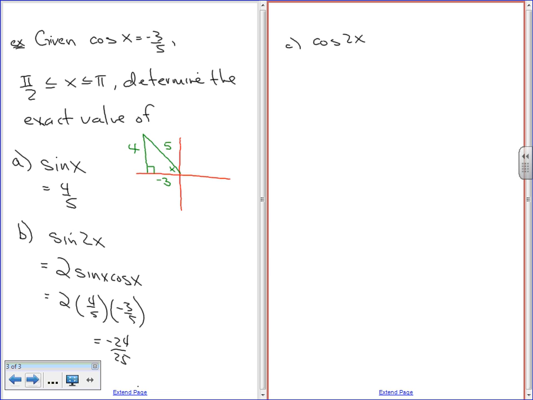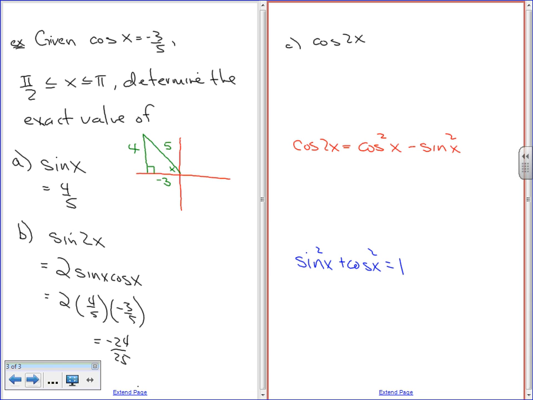But on your formula sheet, the cosine of 2x is equal to the cosine of x squared minus the sine of x squared. And then they give you 2 more. Okay, they give you 2 more because of that relationship that you learned back in grade 11, your very first identity, that the sine of x squared plus the cosine of x squared is equal to 1.